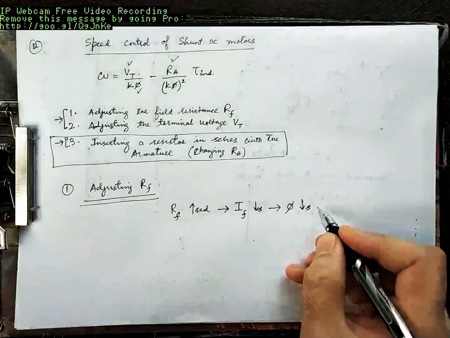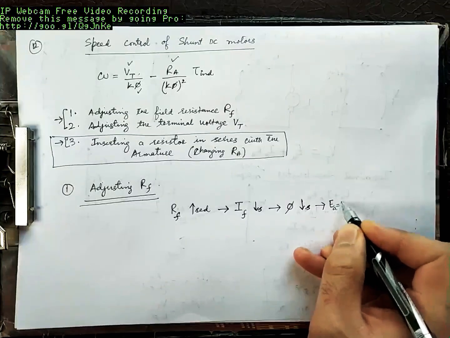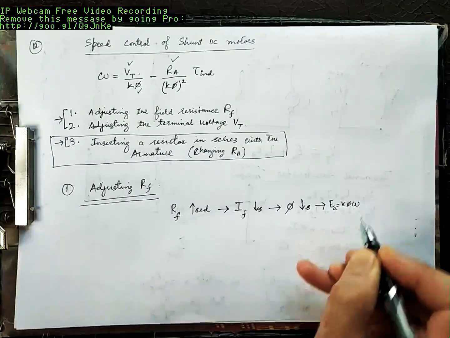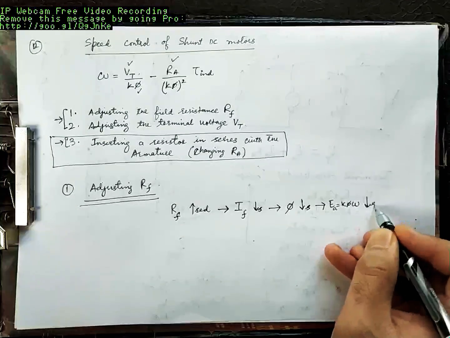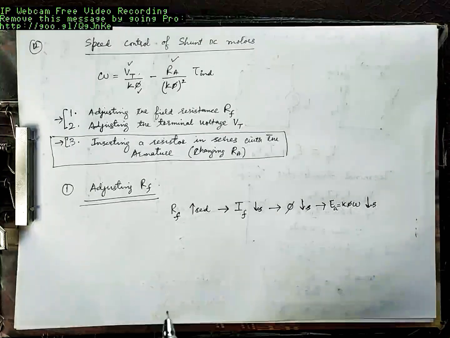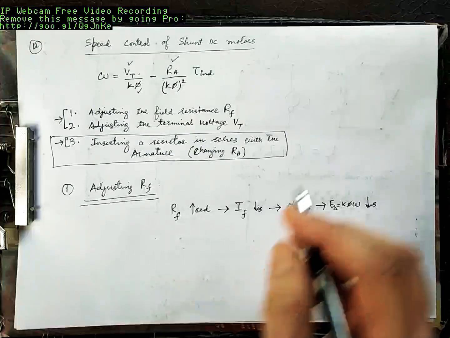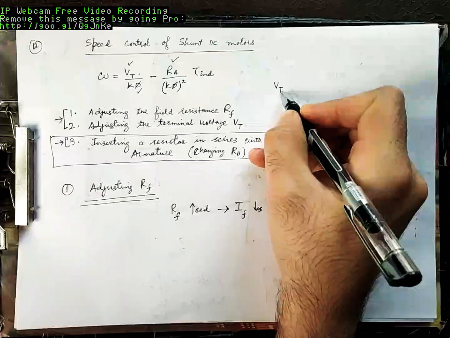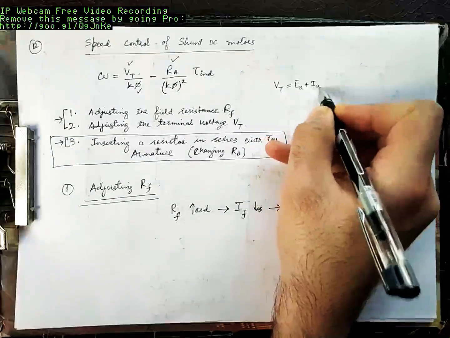When flux phi in the machine decreases, what happens to EA equal to K phi omega? Since phi decreases, what happens to K phi omega? Decreases. EA decreases. When EA decreases, we know that VT, terminal voltage, is equal to EA plus IARA.